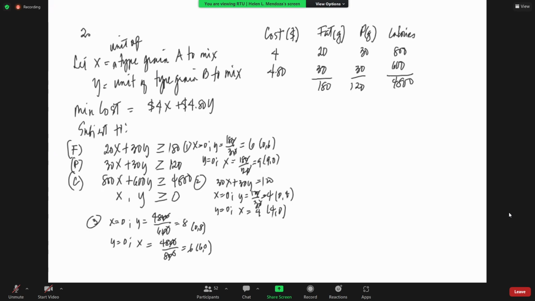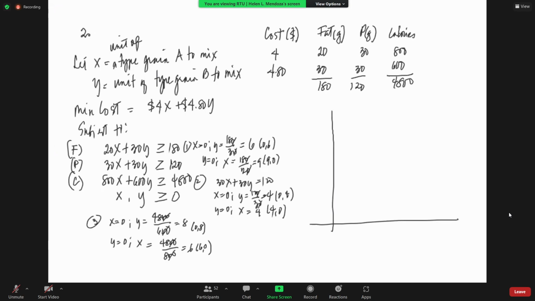And (6, 0). So, we graph now. So, the highest value for X. So, we have 9 for the first, 4 for the second, and 6 for the third.